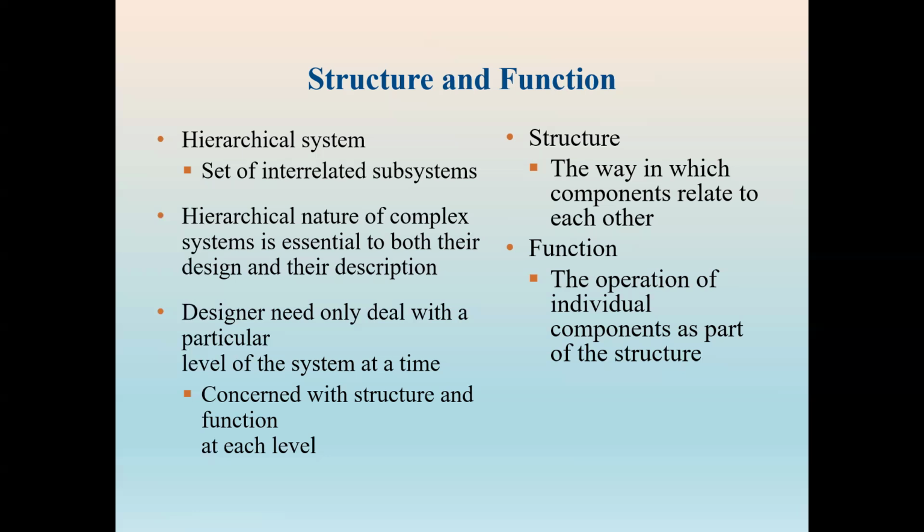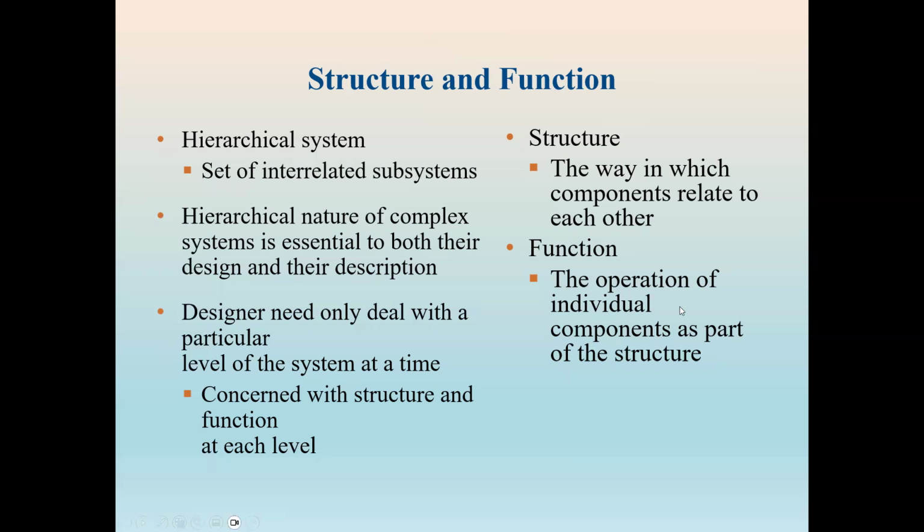The structure is the way in which the components are interrelated, and the function is the operation of each individual component as part of the structure. In terms of description, we have two choices: starting at the bottom and building up to a complete description, or beginning with a top view and decomposing the system into its subparts.